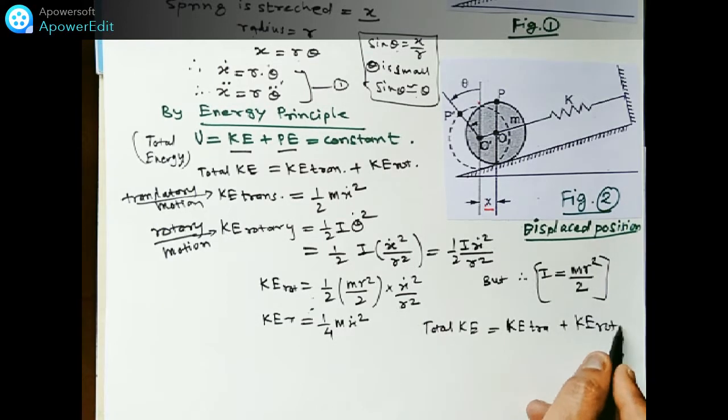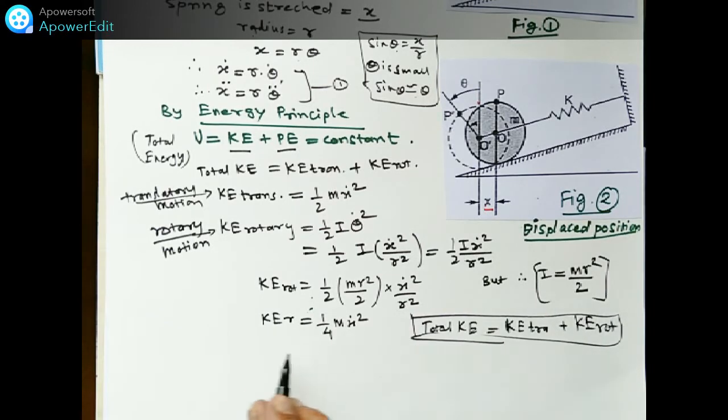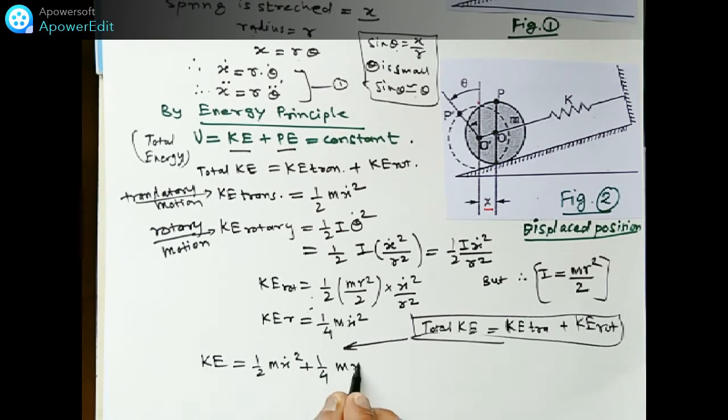So for this formula, the total KE becomes half m x dot square plus 1 by 4 m x dot square, which is equal to 3 by 4 m x dot square.